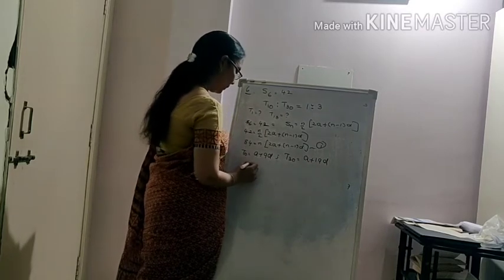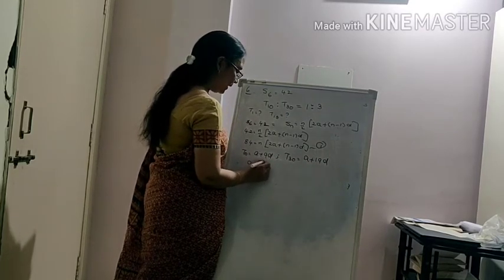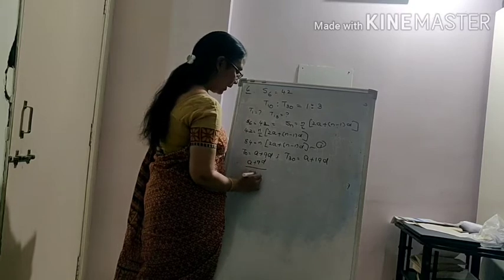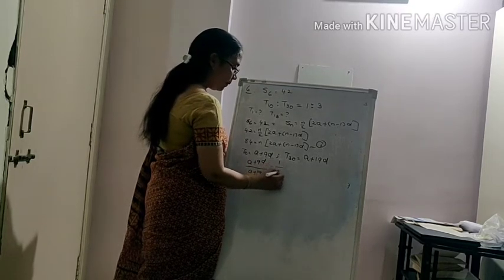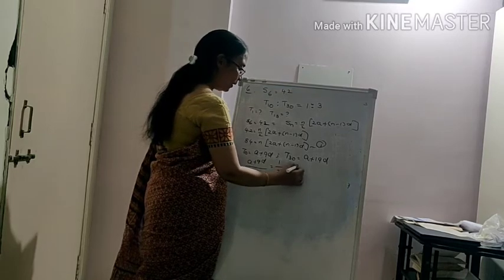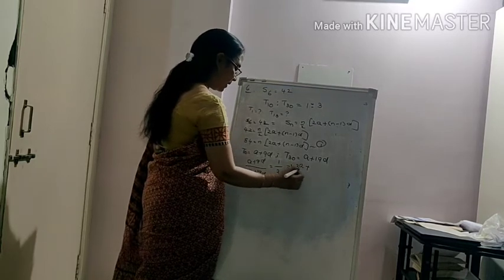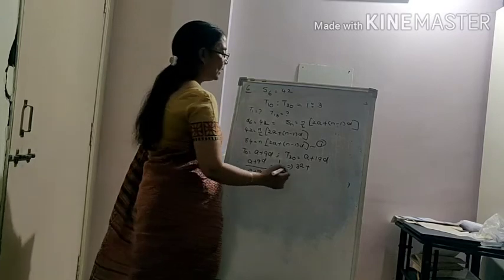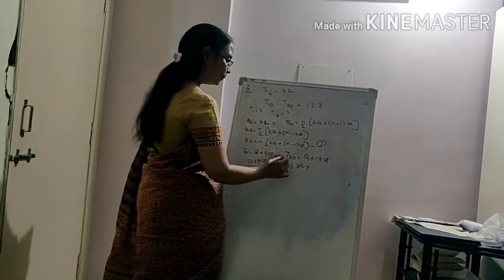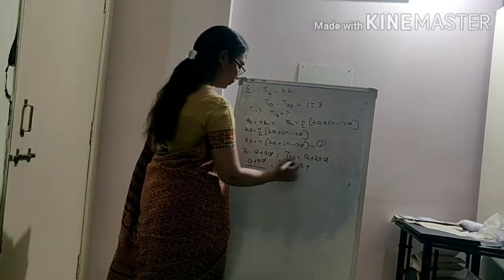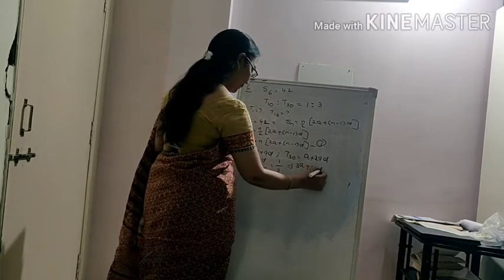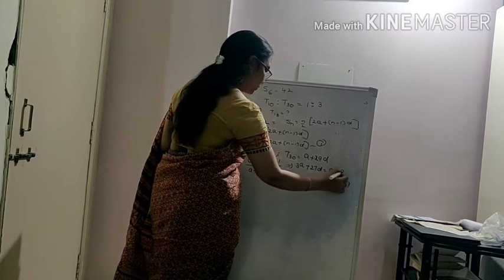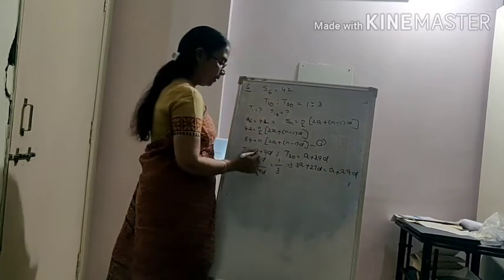Their ratio, that is a plus 9d upon a plus 29d, is how much? 1 upon 3. Cross multiply it, you will get 3a plus 3 9s are 27d is equal to a plus 29d.